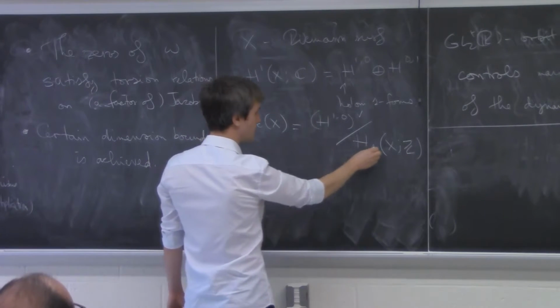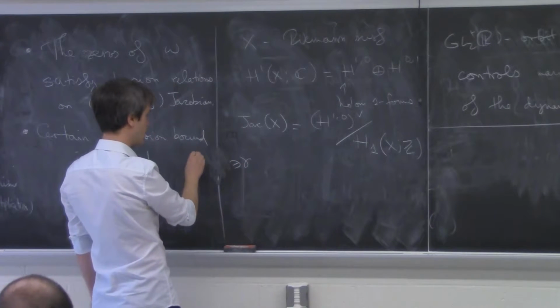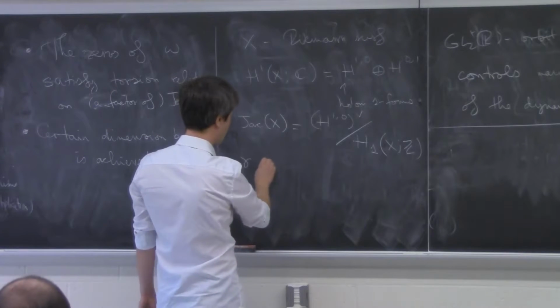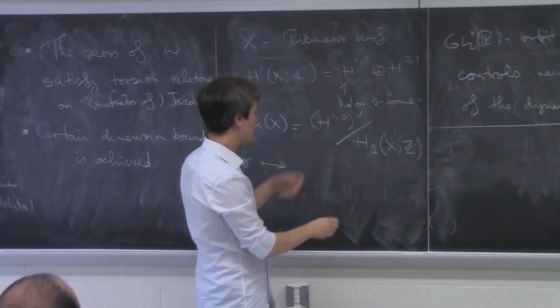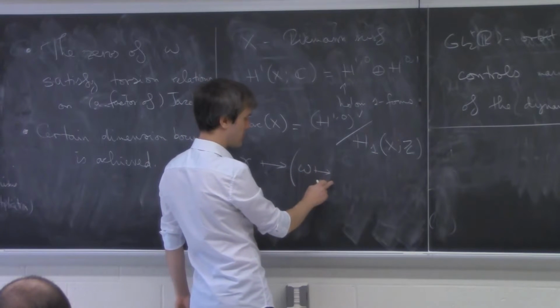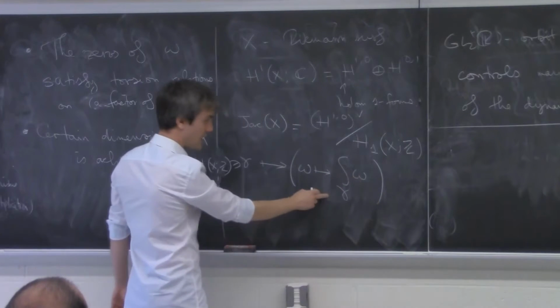So if you have gamma, which is a path in H_1(X, Z), so you have an integer cycle, you're supposed to get a function on holomorphic 1 forms. So if somebody gives you a holomorphic 1 form, you have to tell them a complex number, and the complex number is just the integral of omega over gamma.